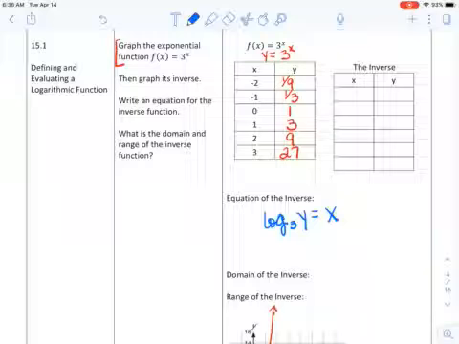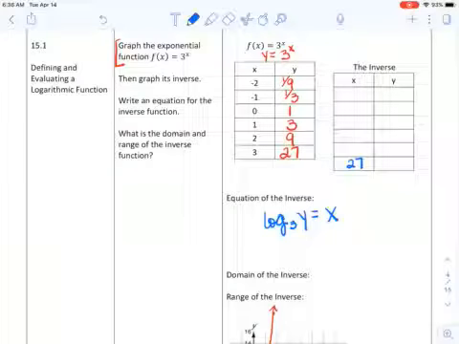Because again, the answer to a log problem equals the exponent. Okay? And then I can make a chart based on this. But if I already have this other chart, what do I do for my inverse? Trade your x's and y's.